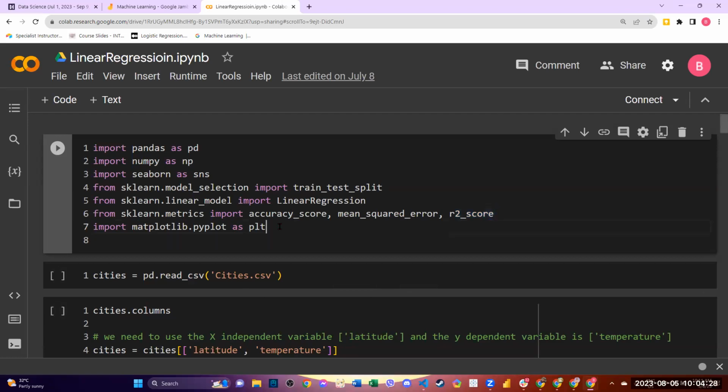So my question is, who has experience with linear regression from your past?